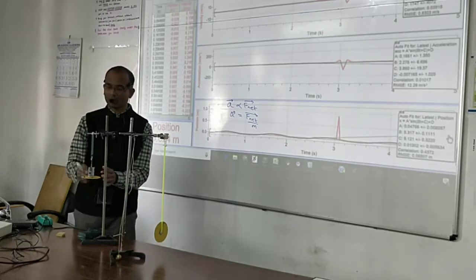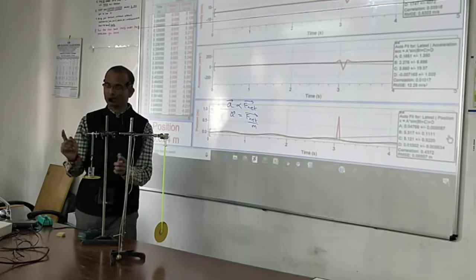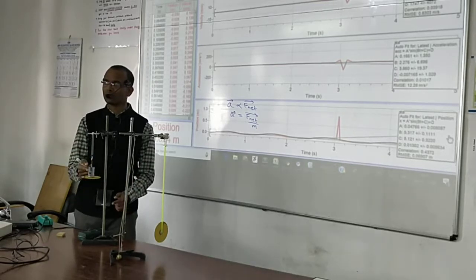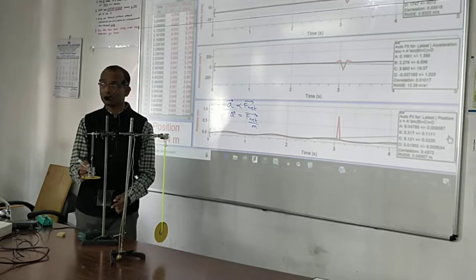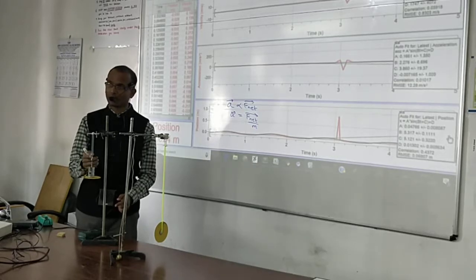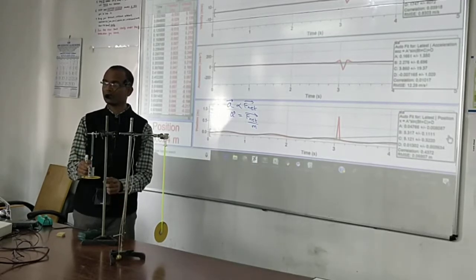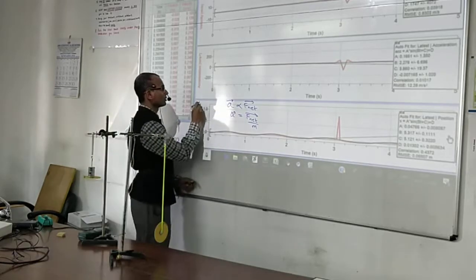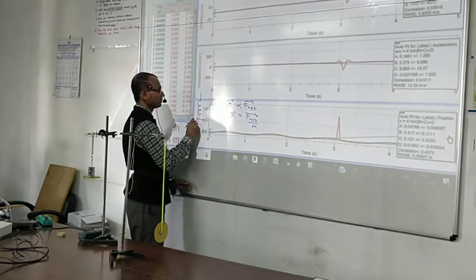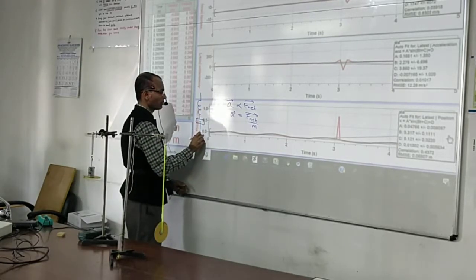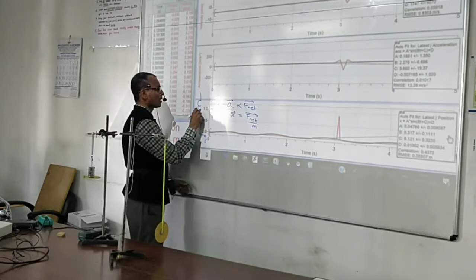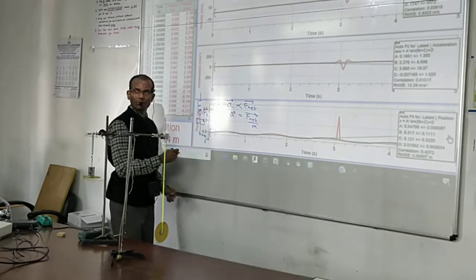Can you tell me what the forces acting on this mass right now are? The tension of the spring and gravity. Okay, so gravitational force is acting in which direction? In this case, mg is downwards, and let us call the spring force Fs, upwards.